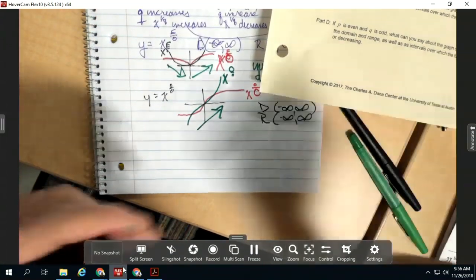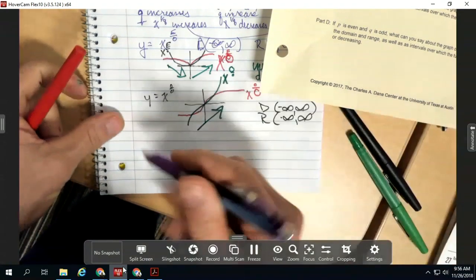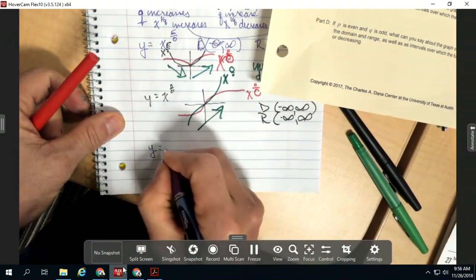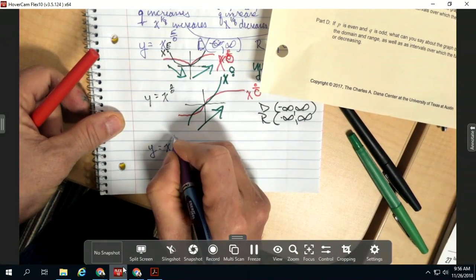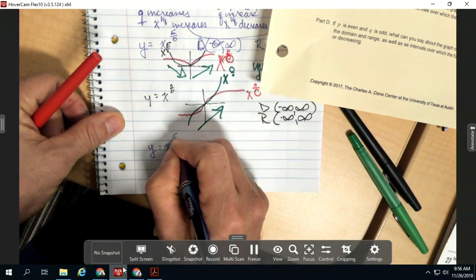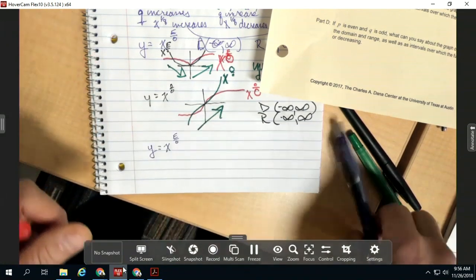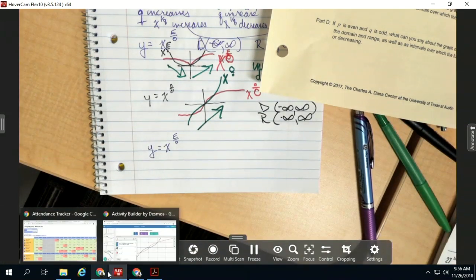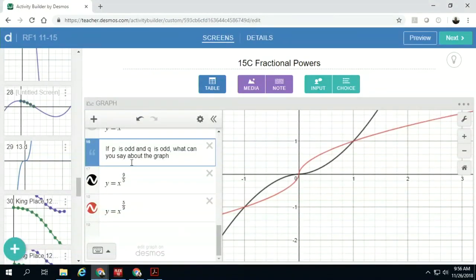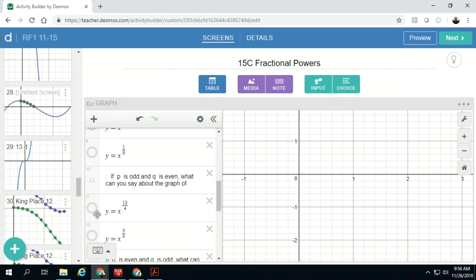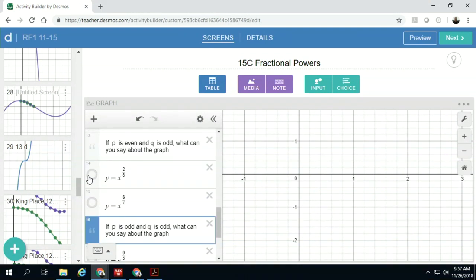Last one, part D. Y equals x to the even over odd. So I have a couple of those graphed here. Where'd it go? Even over odd. No, we did even over odd.